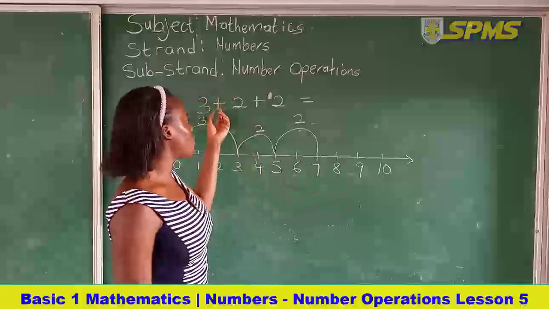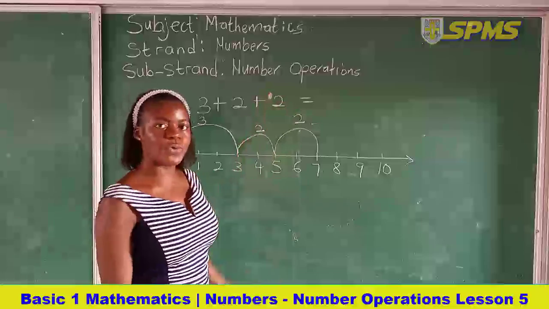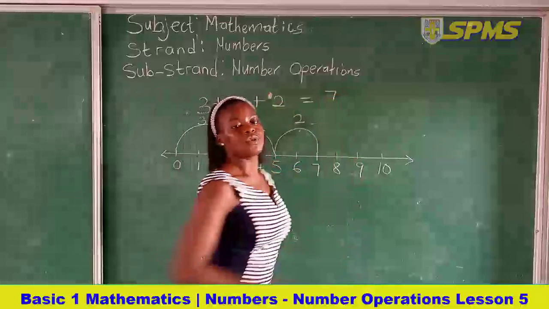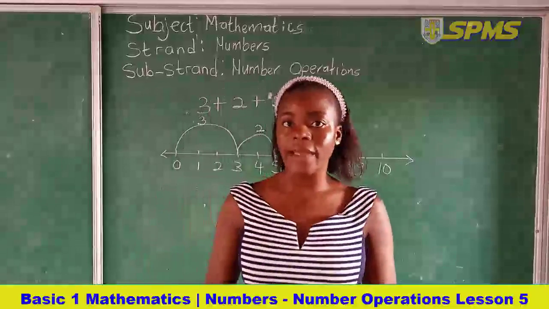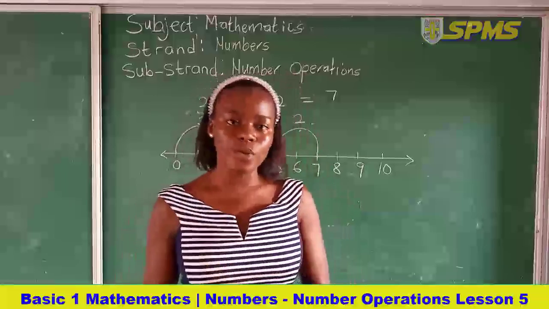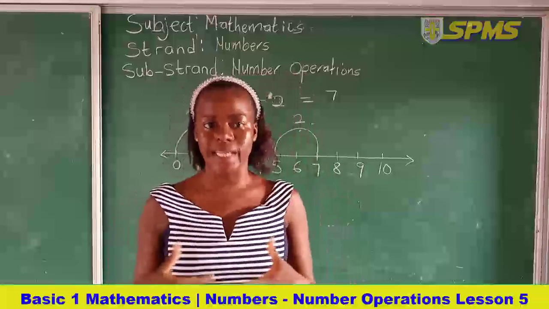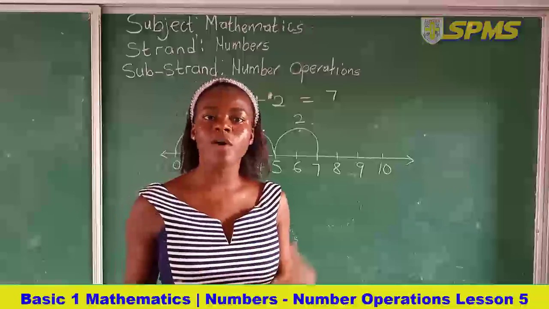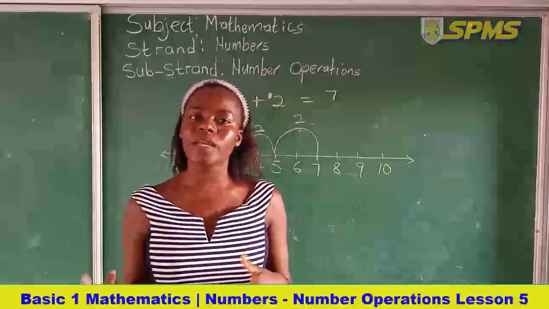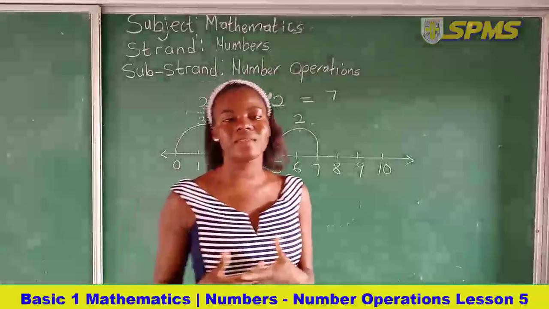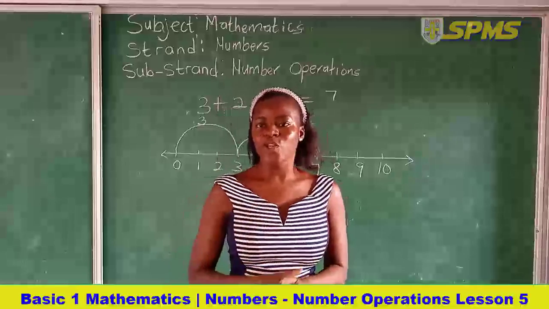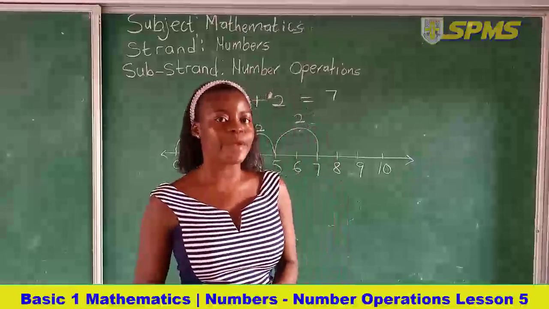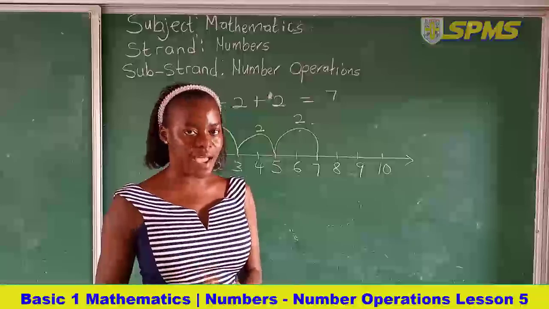So when we add 3 plus 2 plus 2, you get 7. So we can use a number line to find the total or the sum of addends. If you have 2 or 3 digit numbers that you are supposed to add, you can use the number line to find out the answer.